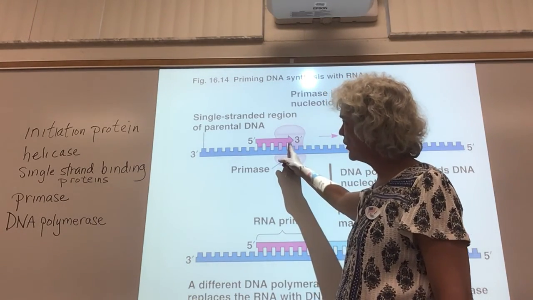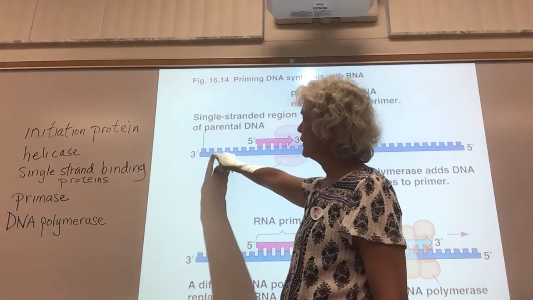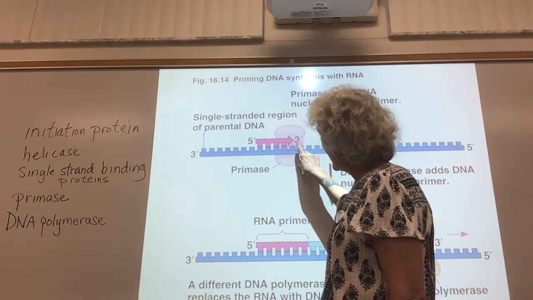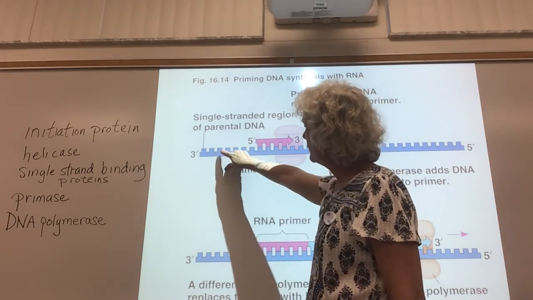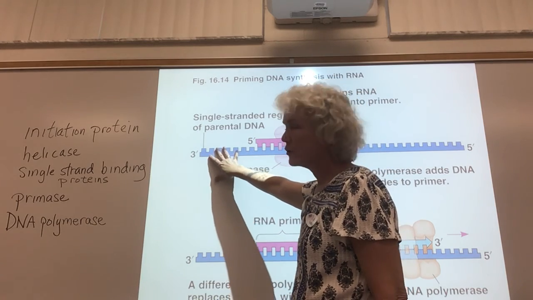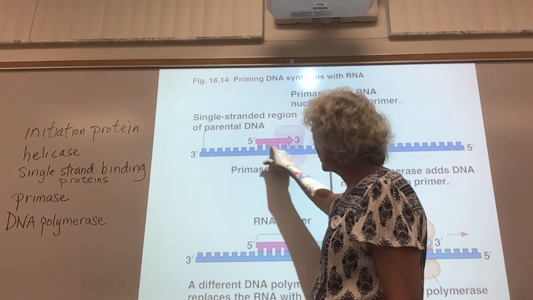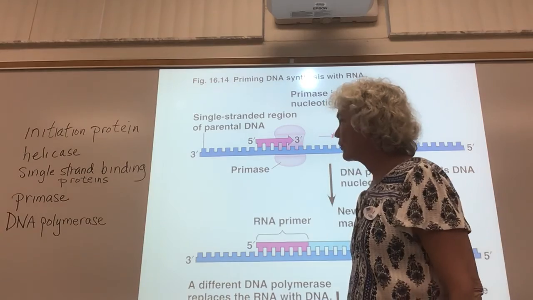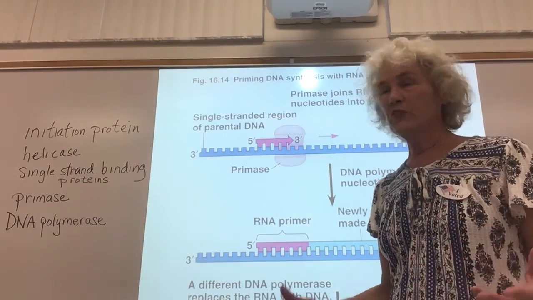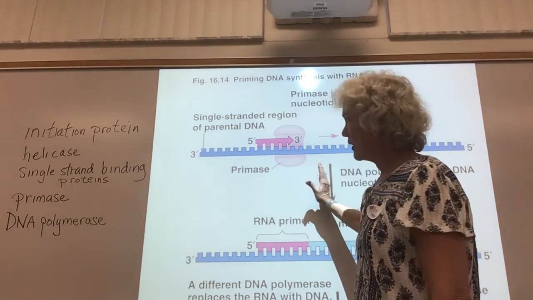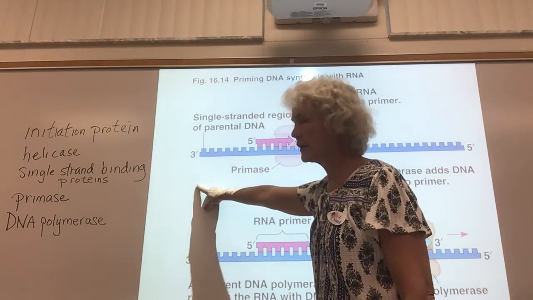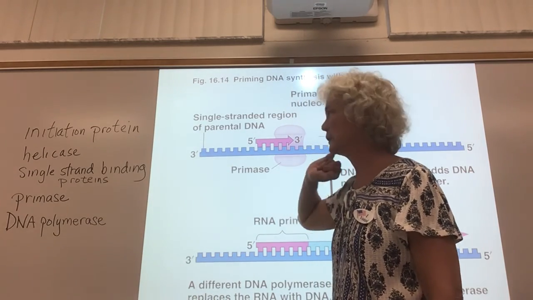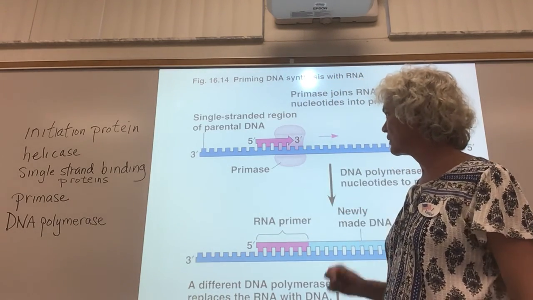It can't add on to anything but the 3' end. It has to add on to the 3' end of the original molecule. So that means it has to go this way. If the other side was, if we were trying to go in the same way, it would be the 5' end, and that would not work. All right, so we'll talk about that a little more later.